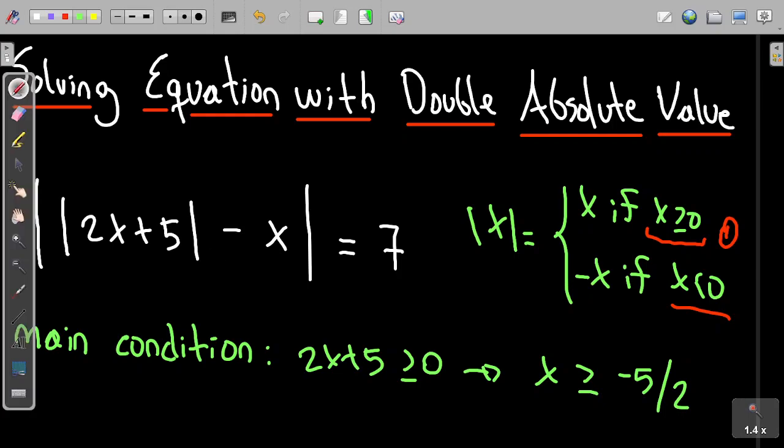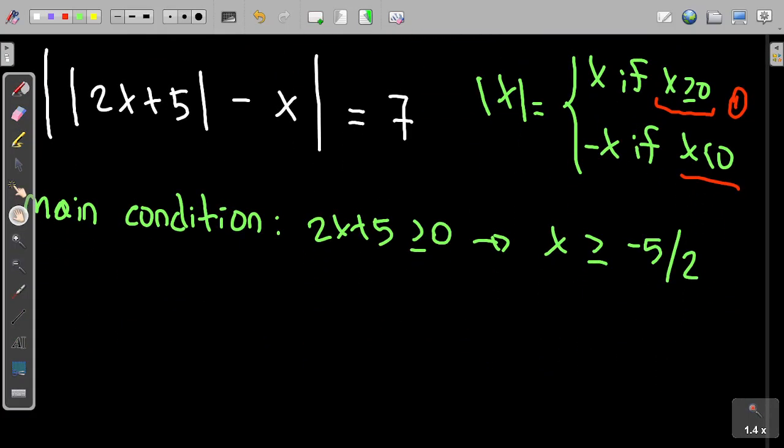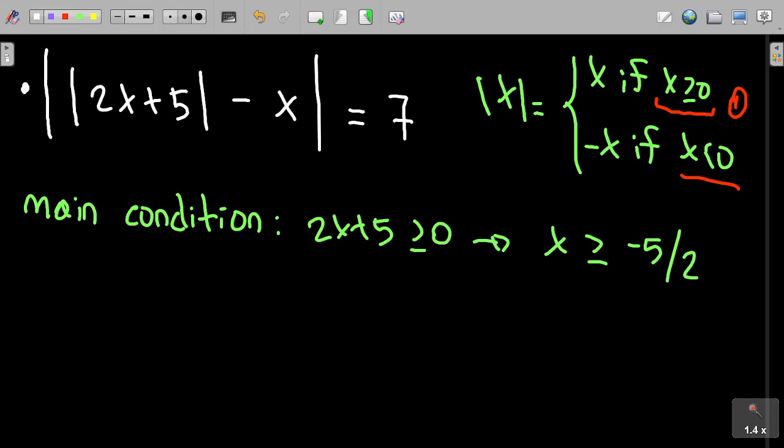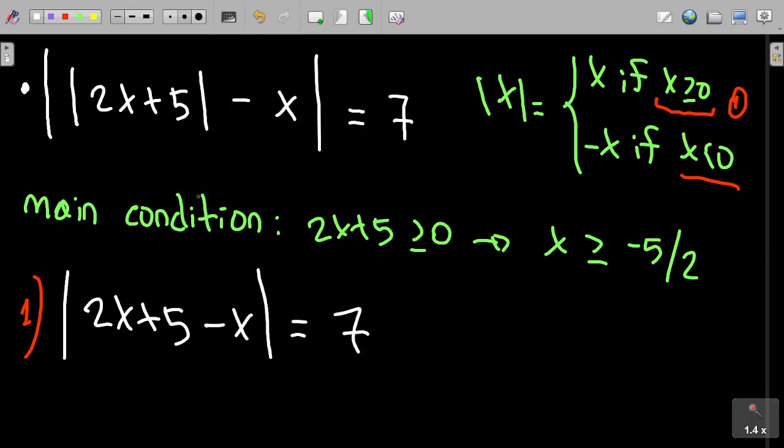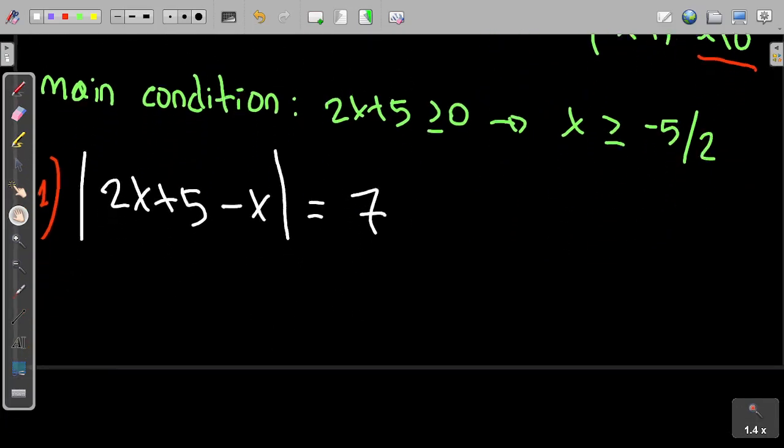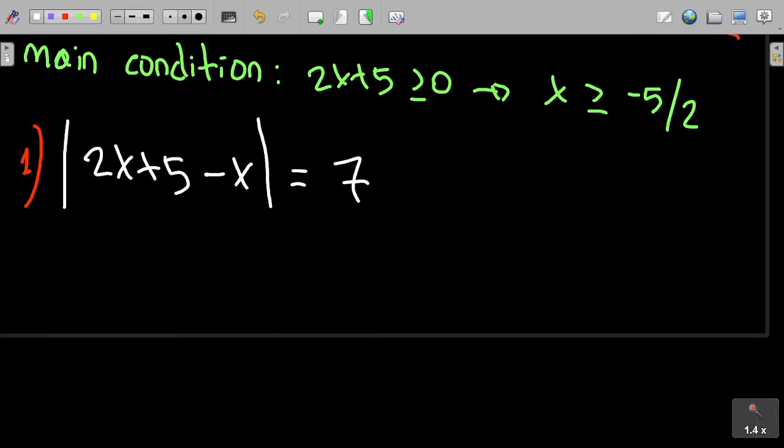That is my main condition, and now I can write the equation in this form. Equation number 1 has the form absolute value of 2 times x plus 5 minus x equals 7.